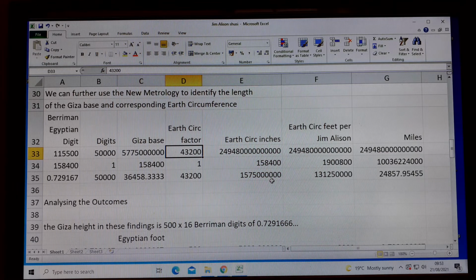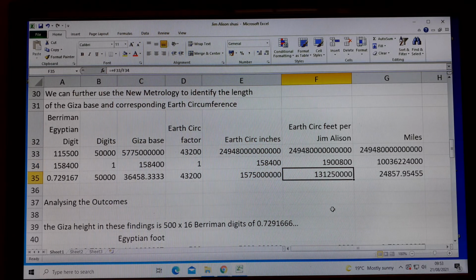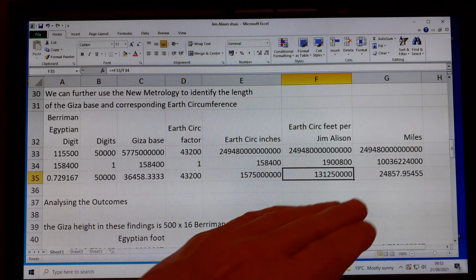So we can convert that to feet by multiplying that by 12, which gives 1900800, and we get 131250000 imperial feet. Now what Jim has told us is that the Indus Valley foot in his system is 13.125 inches, and we can see why.